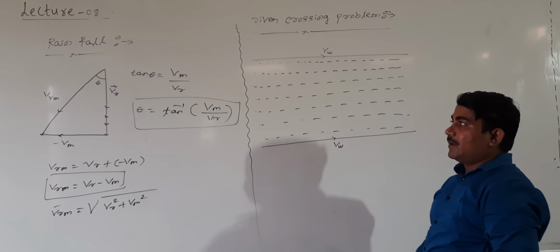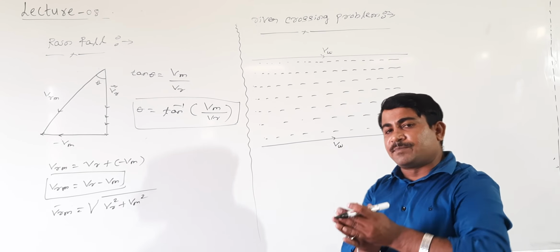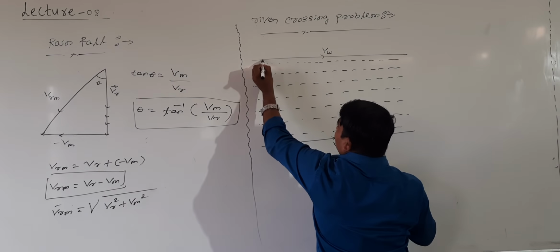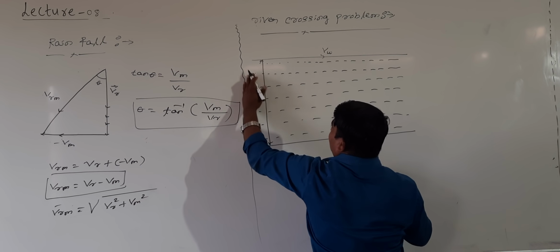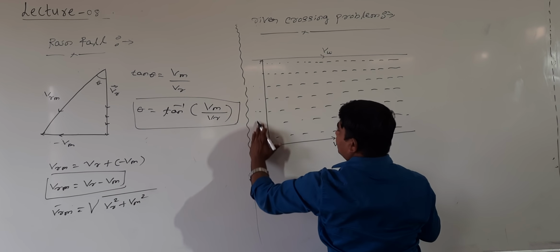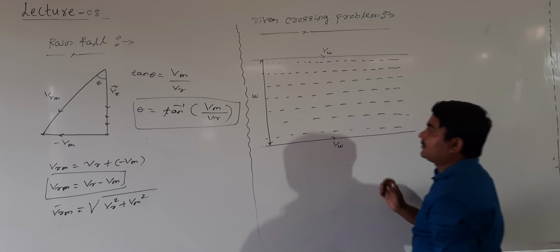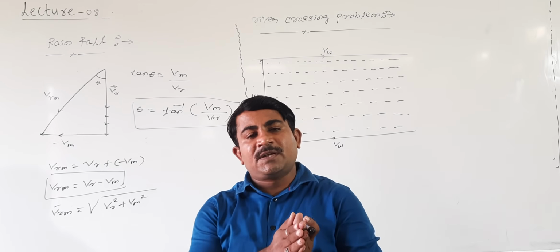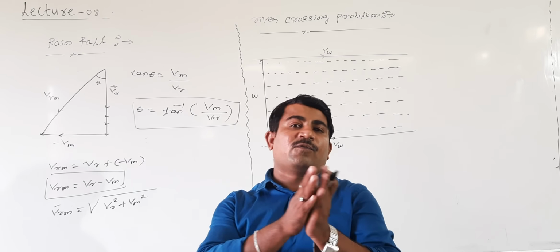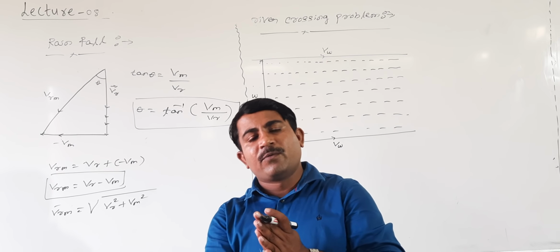Now, students, let W represent the width of the river. This is nothing but the width of the river. Now consider a person crossing the river from point A to point B in the shortest time with the longest path.